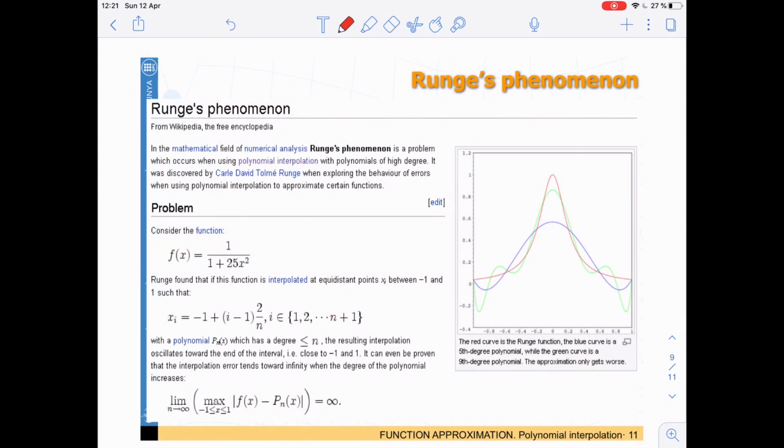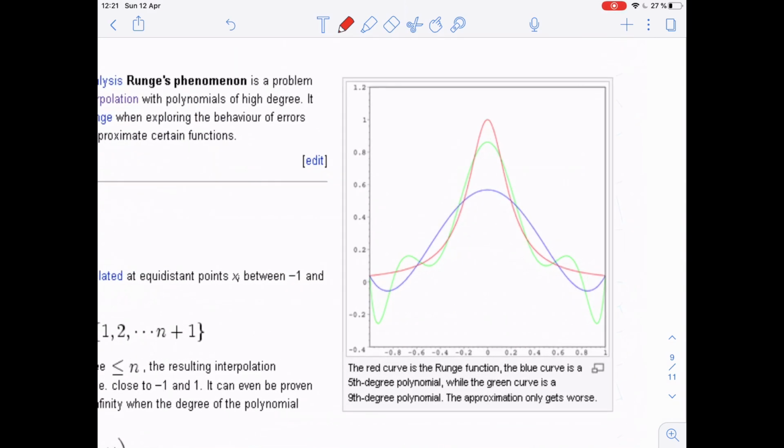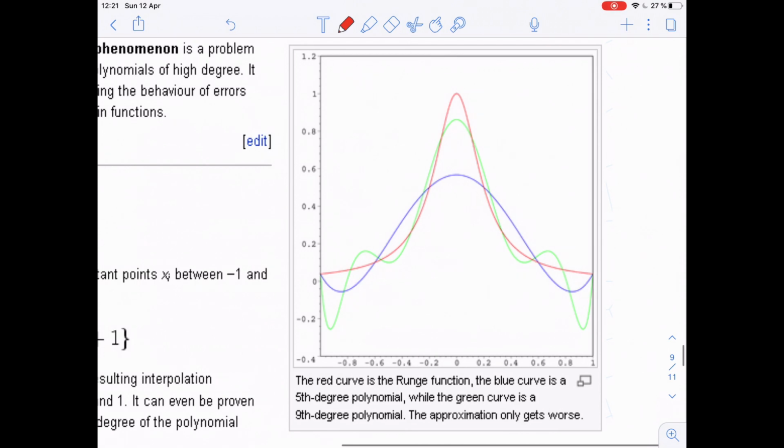To finish, we are going to discuss the so-called Runge's phenomenon. What we do is take this rational function and approximate it by means of interpolating polynomials of different degree with equispaced basis points. So the rational Runge's function is shown in red.